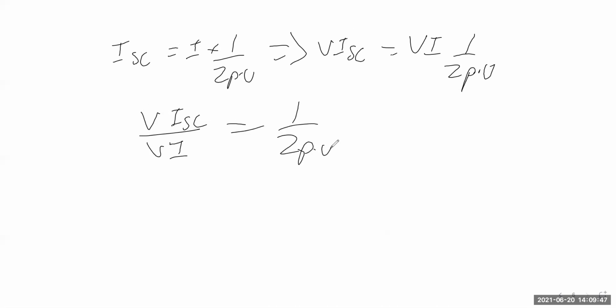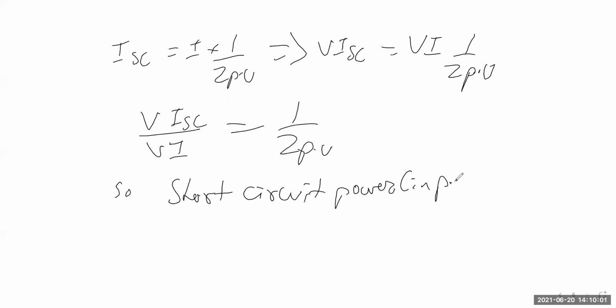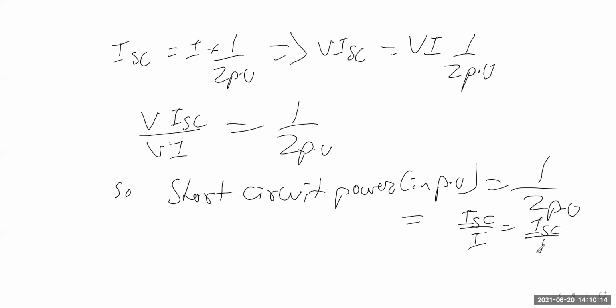So your short circuit power in per unit would be written as 1 by Z per unit, equal to your ISC by I, that is ISC by 1, that equals ISC.